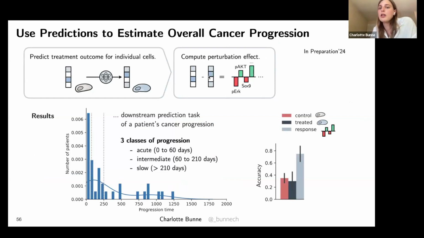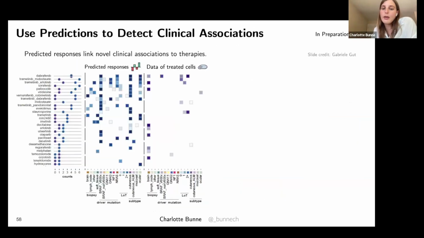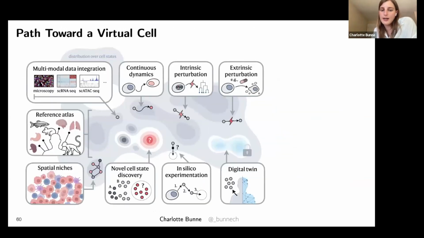We are looking at the overall cell population response. But the moment you enter regimes where you want to engineer new cell states, this needs to be coupled with trying to create the new cell state in the lab, and then mapping it back into the data to understand what it means.